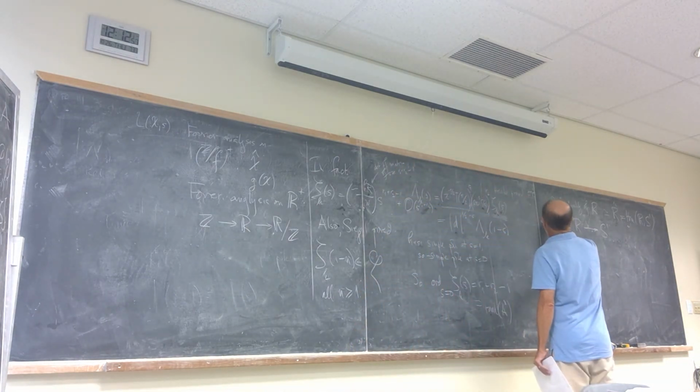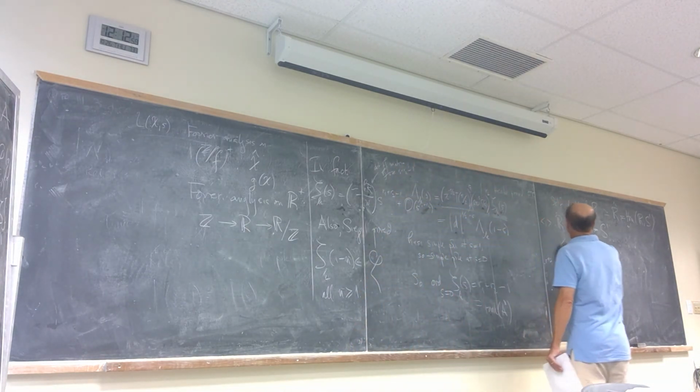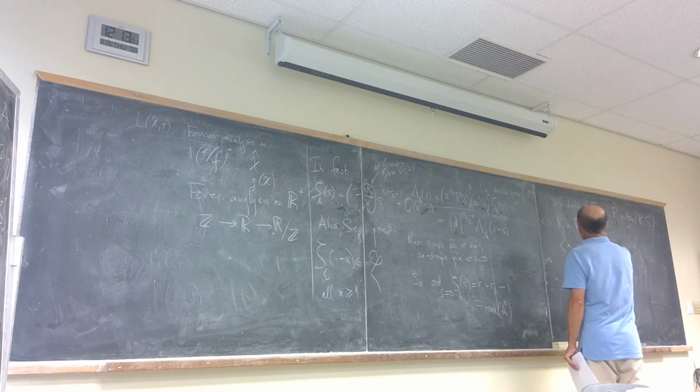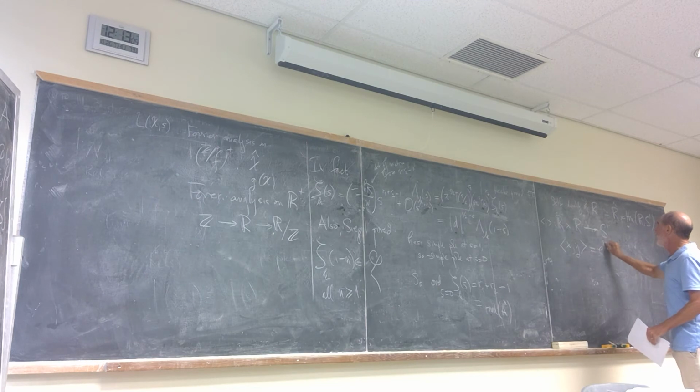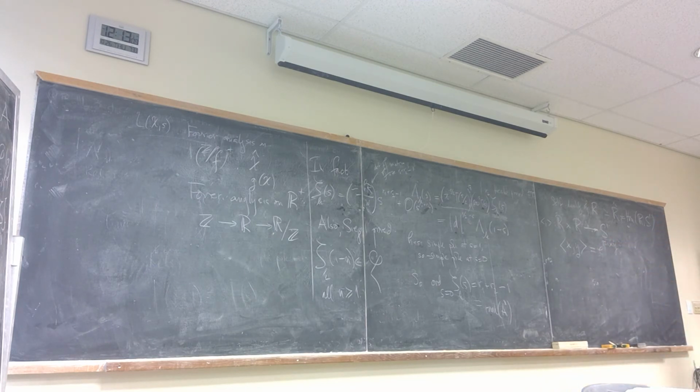So we define the pairing of two real numbers x, y to be e^(2πixy). And one proves that this is an isomorphism: x goes to the map that takes y to e^(2πixy), an isomorphism from R to its Fourier dual.